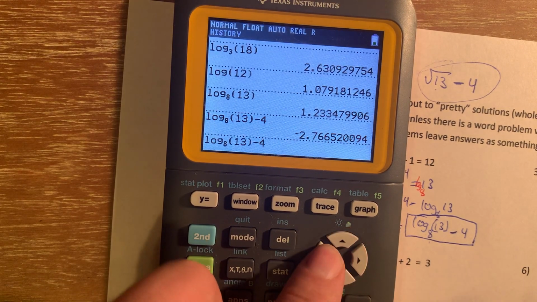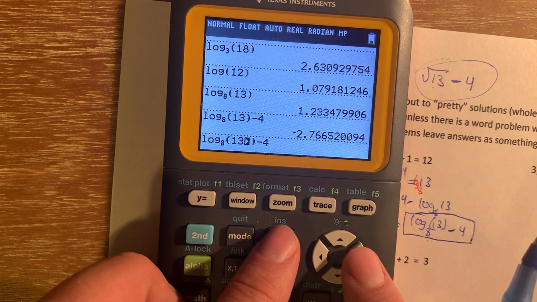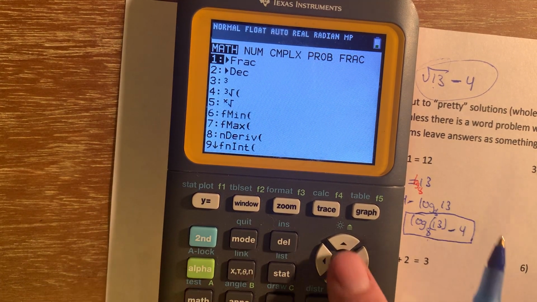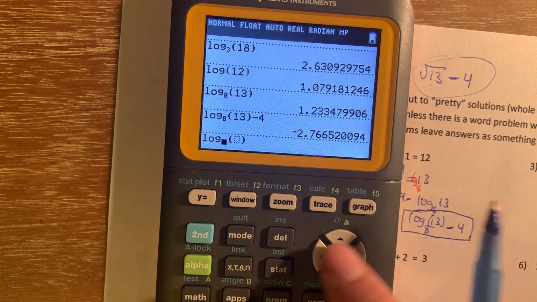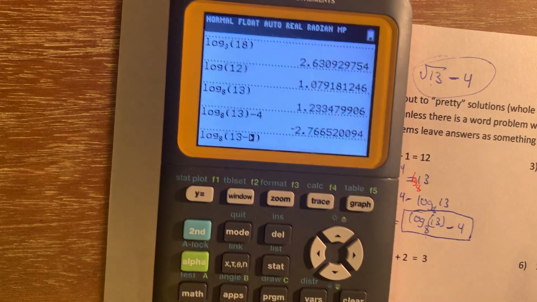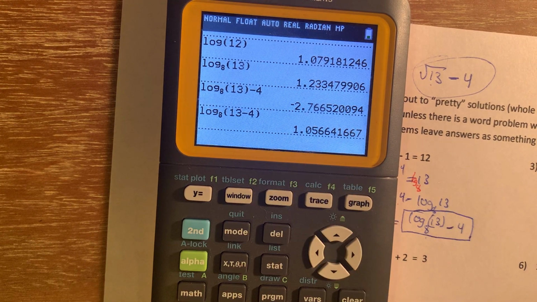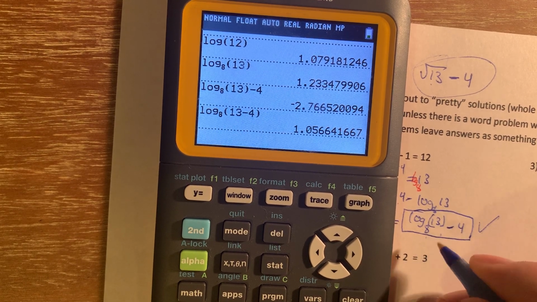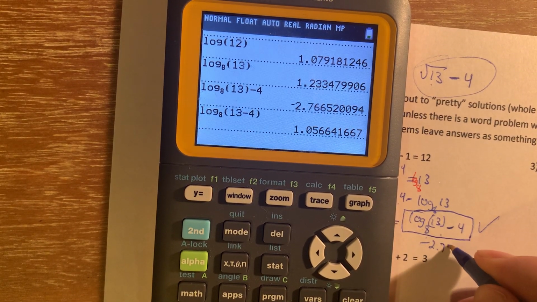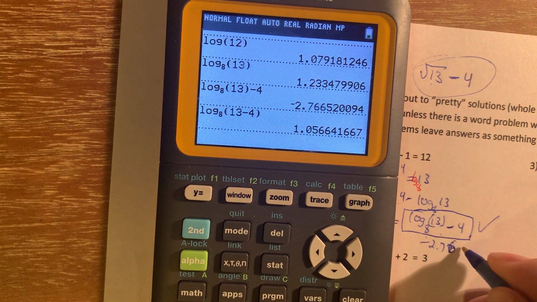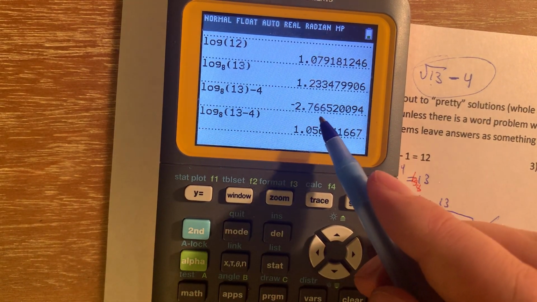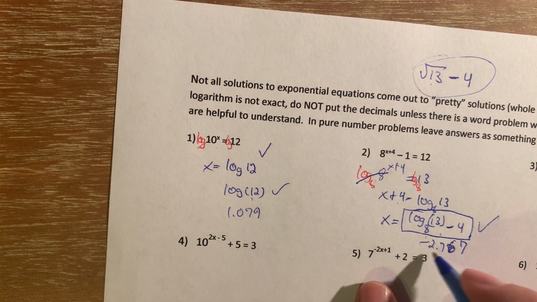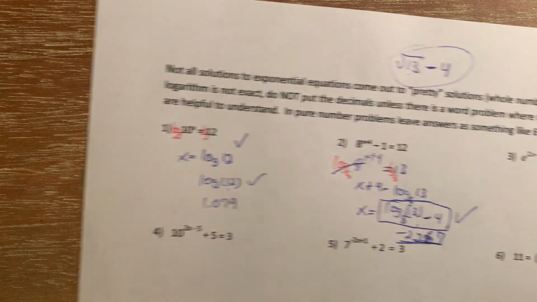Notice that if I deleted the parenthesis, log base 8 of 13 minus 4, this will come out very different and it will be wrong. So we can leave the answer like this, or we can put negative 2.767. The last number is a 6, but the one after that is a 5, and so on. So we'll round to 3 decimal places today.